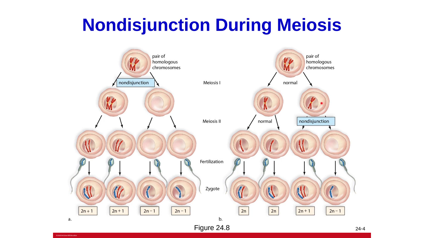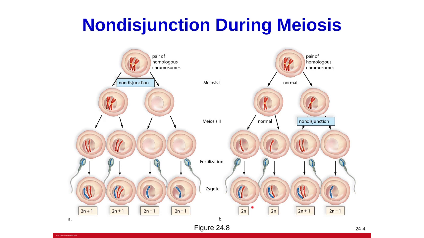Here we have a non-disjunction event where both sister chromatids remain and go to 1 daughter cell, leaving this daughter cell over here with no chromosomes, and this one with too many. We've assumed that the sperm went through meiosis 1 and 2 normally. Then we have fertilization, and we can see what we get.